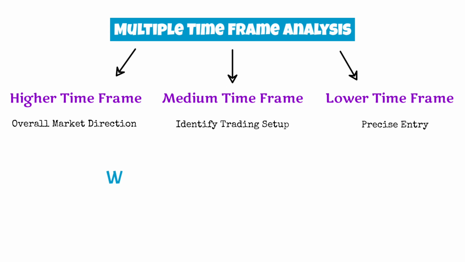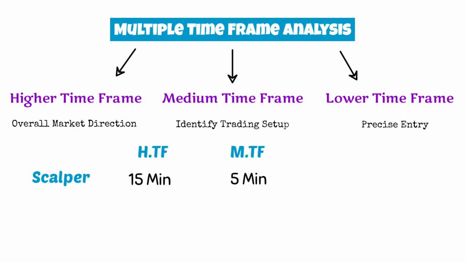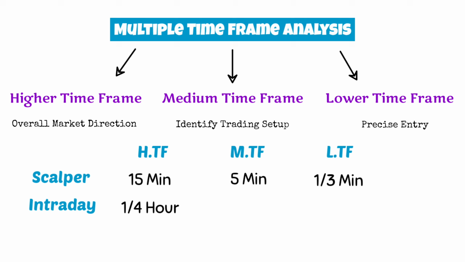Now let's talk about which time frames you should use. If you're a scalper, your higher time frame can be the 15-minute chart, your medium time frame can be the 5-minute chart, and your lower time frame can be the 1-minute or 3-minute chart. If you're an intraday trader, you can use the 1-hour or 4-hour chart to identify the overall trend, the 15-minute chart to find the setup, and the 5-minute chart for your entry.